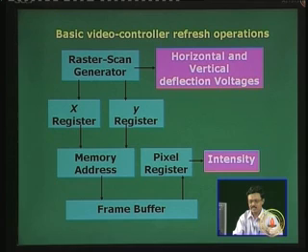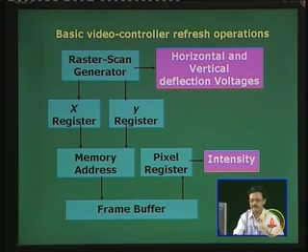It will load the corresponding x and y coordinates of that integer position on the screen into two registers, the x and y registers, which in turn address memory through a memory address register. This is something to do with concepts of computer organization and operating systems. Those who have that background will easily understand that the memory address is built from the contents of the x and y registers, and it helps you access a particular location inside the frame buffer corresponding to the point you are addressing on the screen.